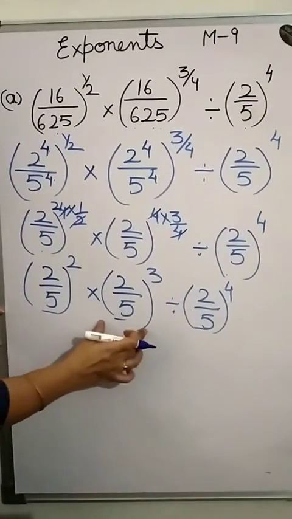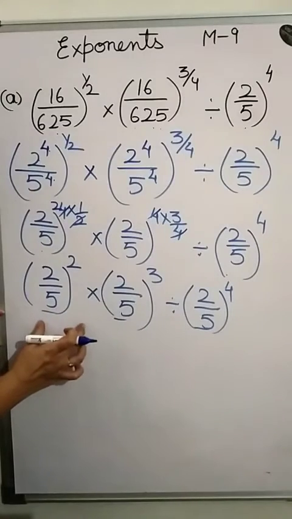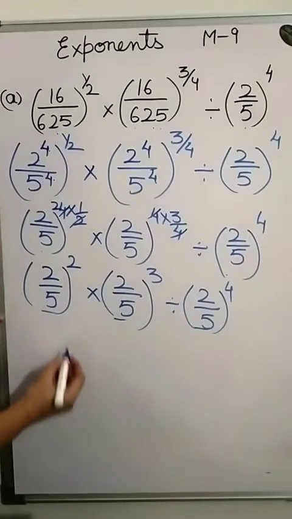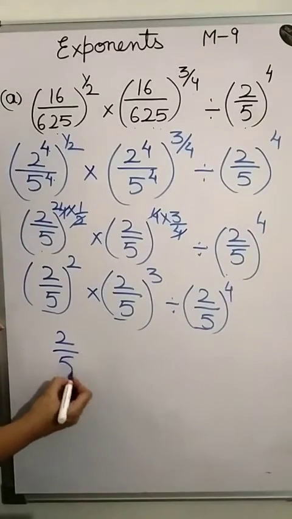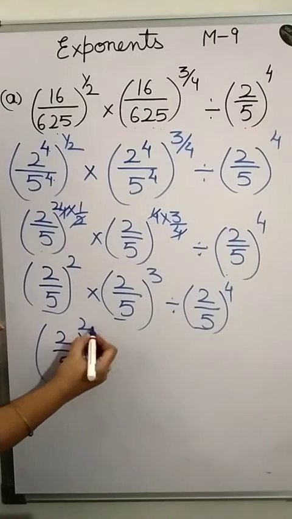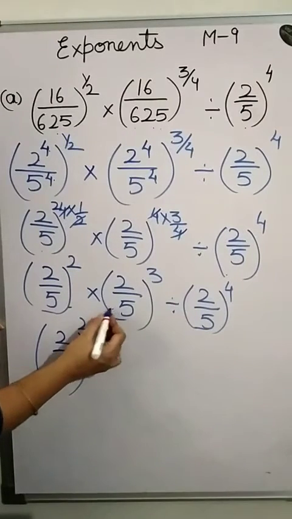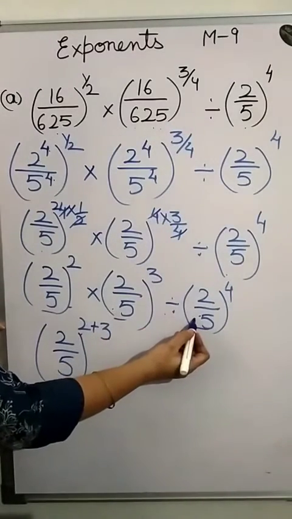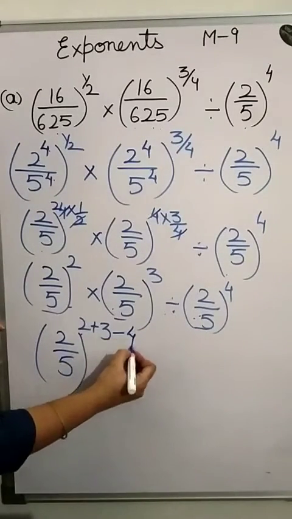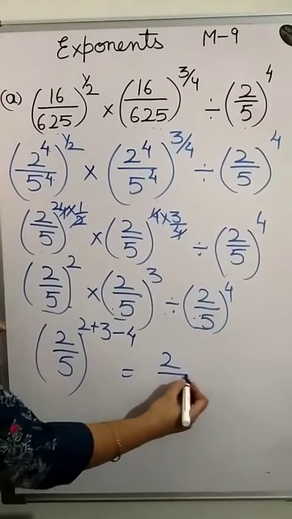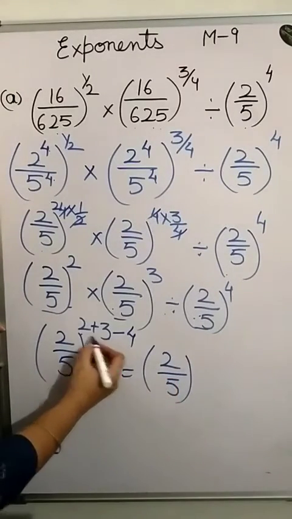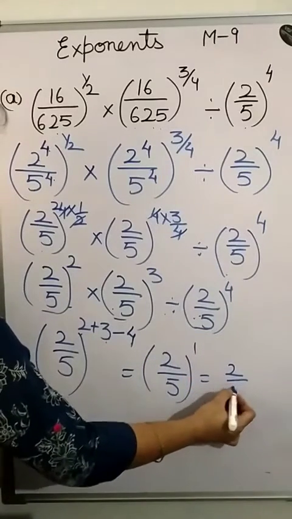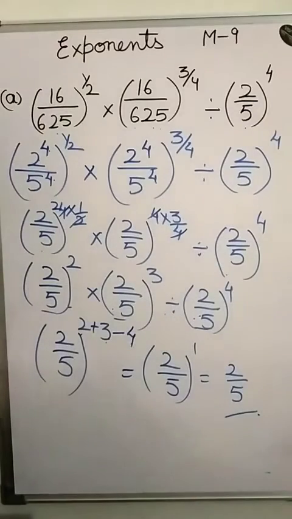So in multiplication we can add the powers, so we add 2 plus 3, and in division we subtract the power. So it is (2/5) to the power 2 plus 3 minus 4, which is equal to 1. So the answer is 2/5. Right, everyone?